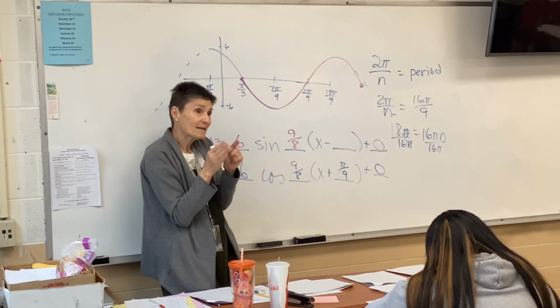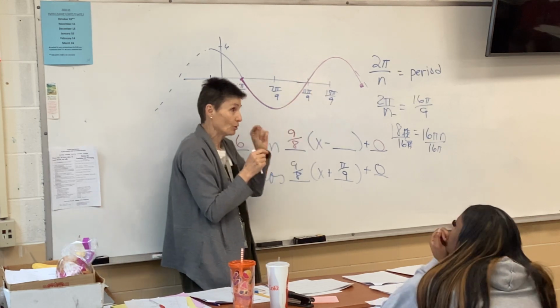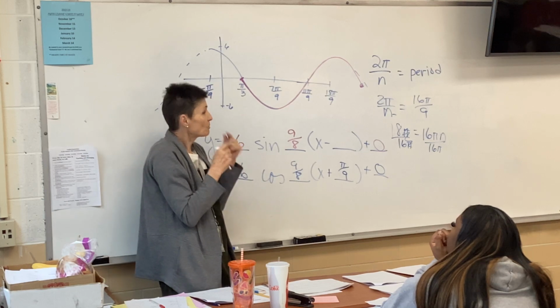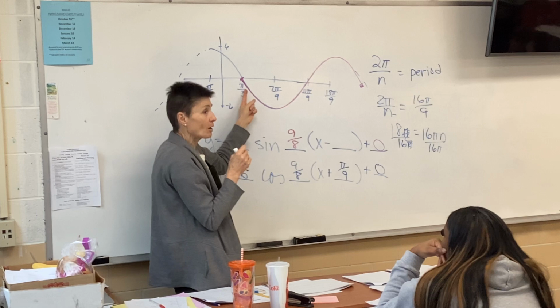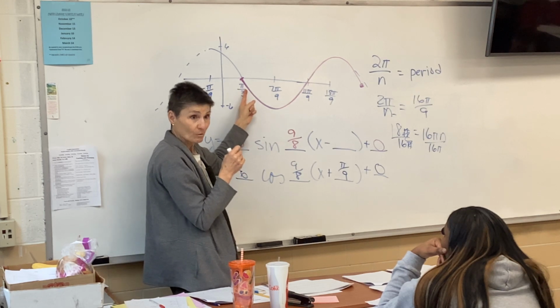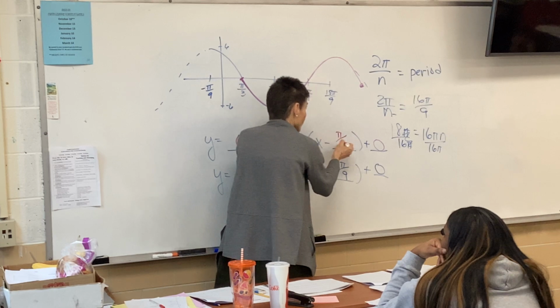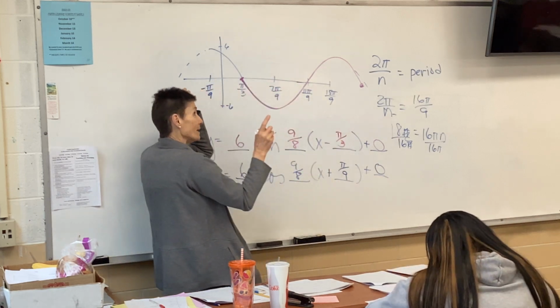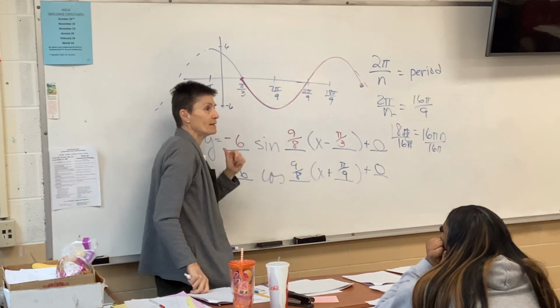The only thing that's different is, if you're looking at the pink curve, then your phase shift is different. Your horizontal shift is different. Now you're starting at pi over 3. So this would be x minus pi over 3. And because it went down first, that 6 is going to have to be negative.